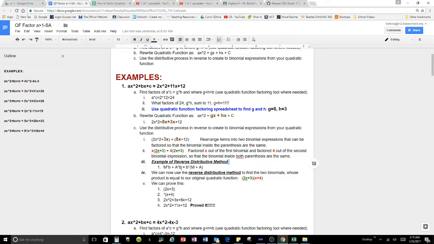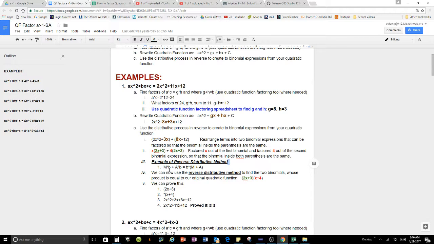What we can do is we could pull that B out, as we did here, and multiply it times M plus A. So here we could pull the 2x plus 3 out and multiply it times x plus 4. And so you see, that's what we have here. So what you have to do is you have to look at this relationship, because it doesn't make sense at first when you look at it. But then when you look at it, you see, oh, okay, I see it now.